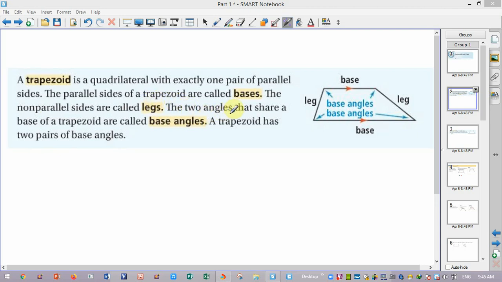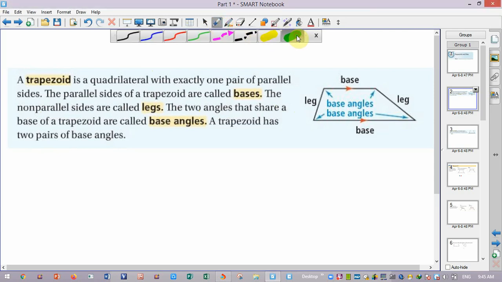The two angles that share a base of a trapezoid are called base angles. What is the base? This one and this one.